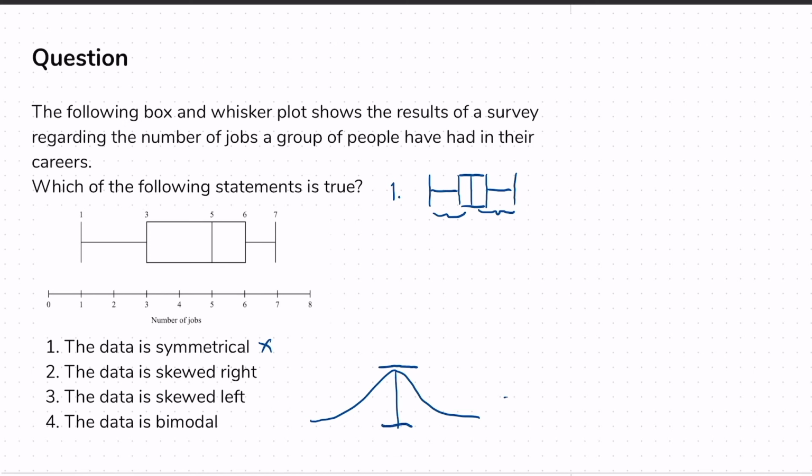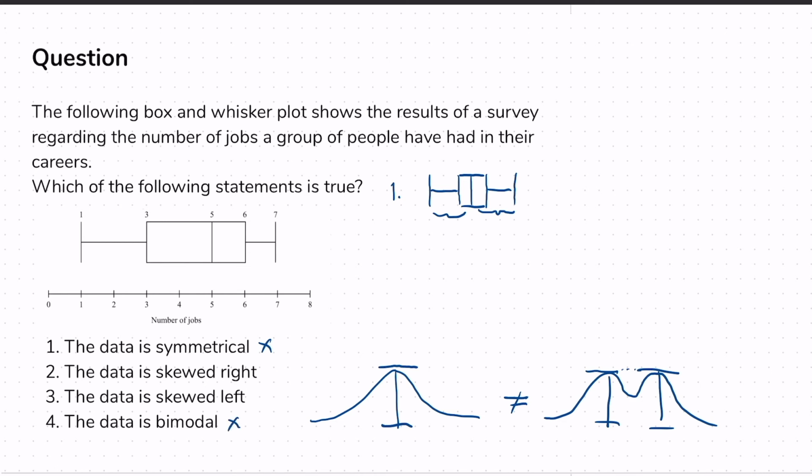Bimodal has two values which have the most. Now this data here, we actually can't really tell. There's no way in this data for us to determine which value happens the most. So we have no way of telling whether this is true. So we're going to say we don't know.